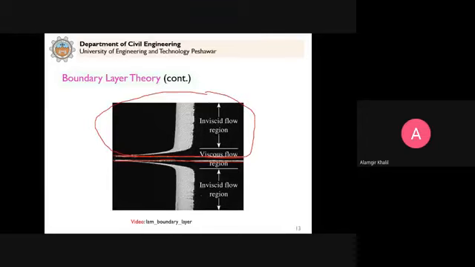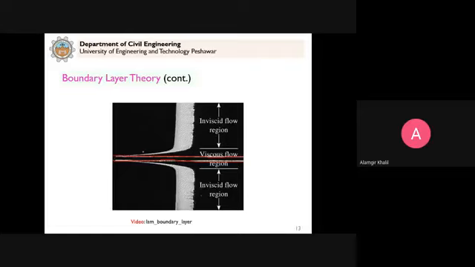We say, okay, this is the boundary layer that is developed here, and it will continue like this till the end, but we do not show this portion here. It doesn't mean that we do not have this situation at the lower side. No, we have it here also. But in the diagrams we only show the upper side for understanding purposes. So remember, it will be on both sides, not just the upper side. Clear? You can see here in this figure.